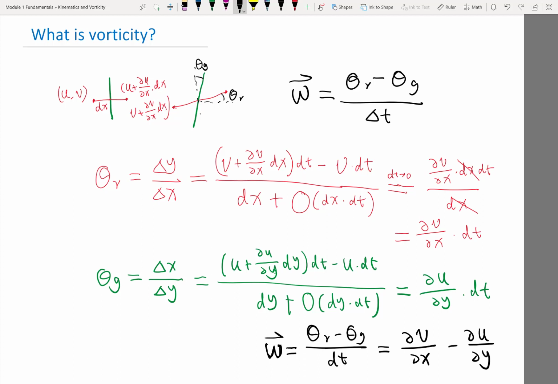No? Good. Okay. So the next question, after we figured out what is vorticity, is why is it useful, right? Why are we looking at this particular angular rotation of a solid across, right, in the flow field? Well, two reasons.